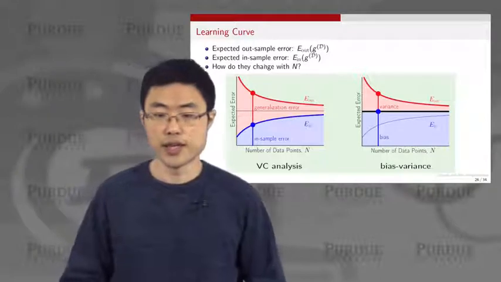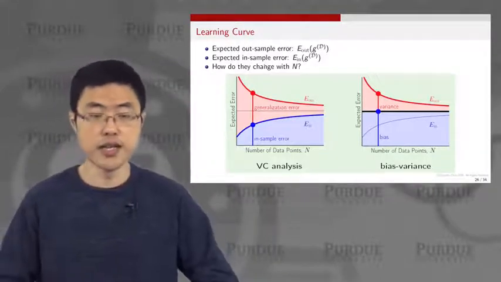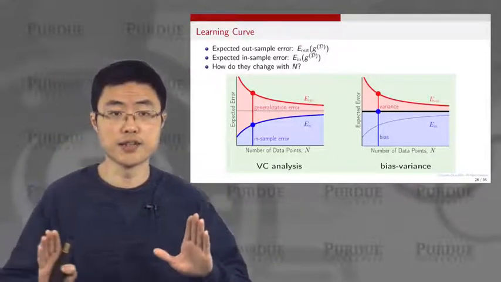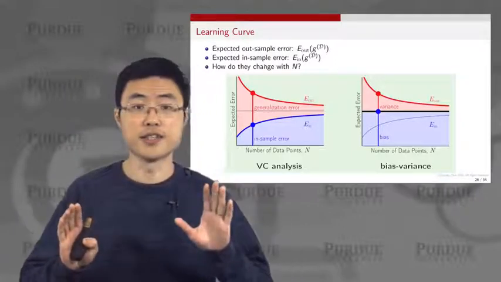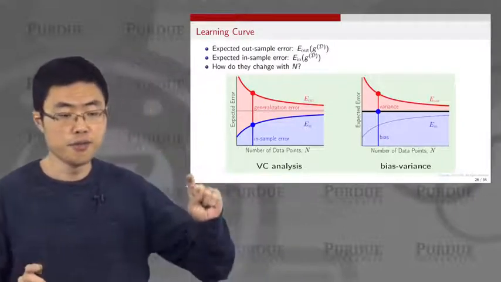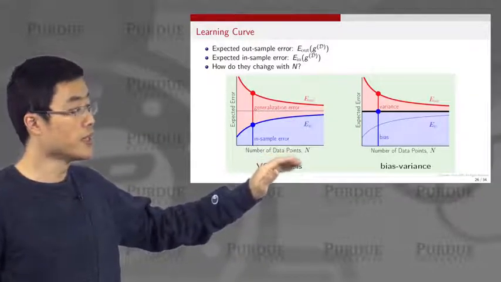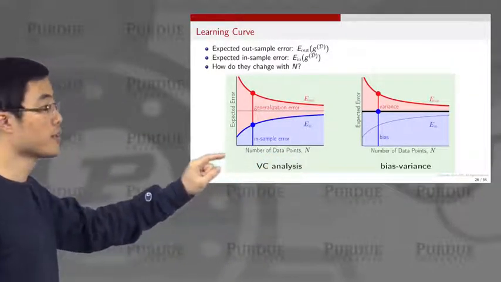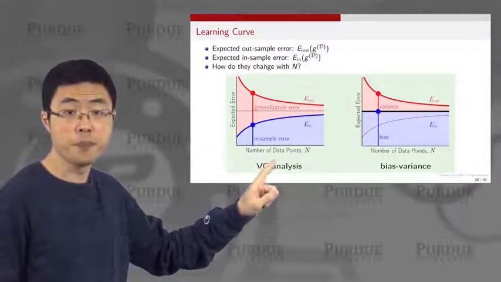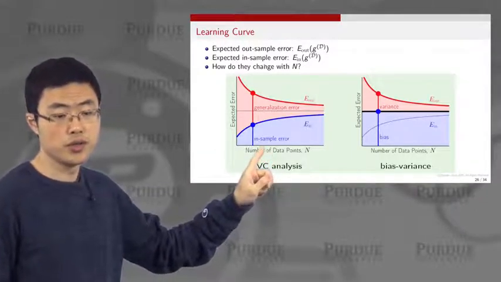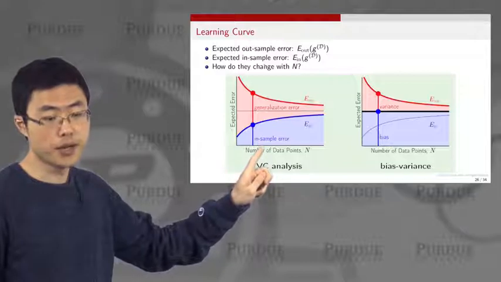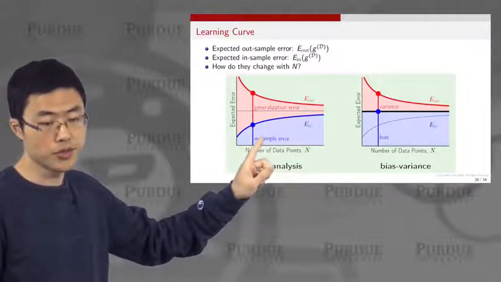So I want to draw your attention to this slide, to understand the difference between the VC analysis and the bias and variance analysis. In the VC analysis, we have this curve against the number of training samples. As the number of training samples goes up, your in-sample error should also go up.